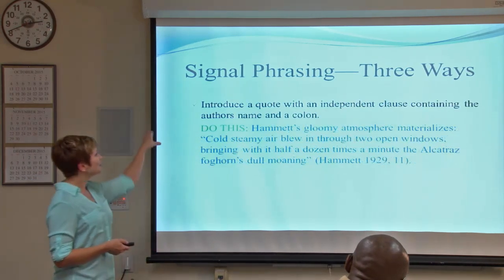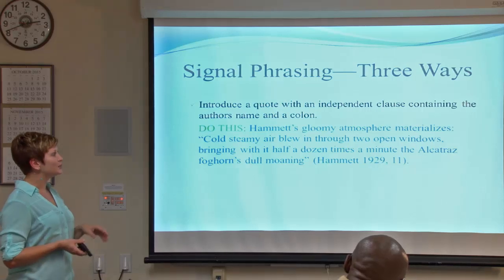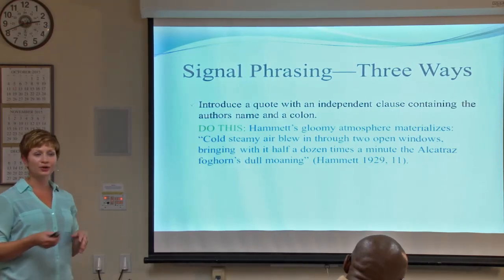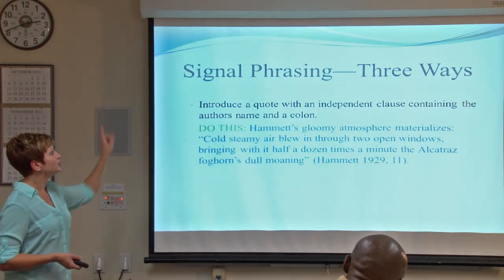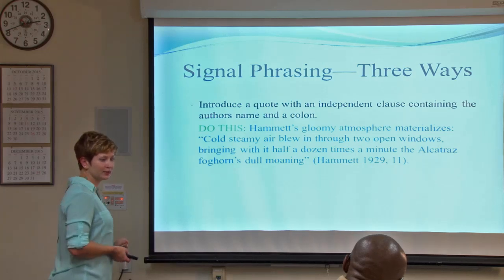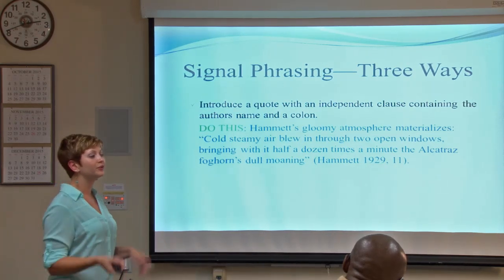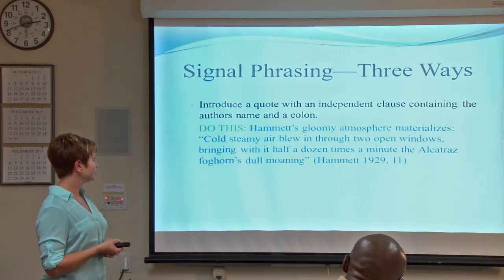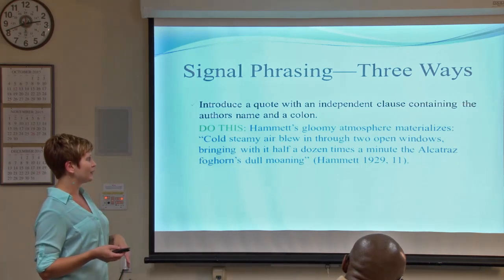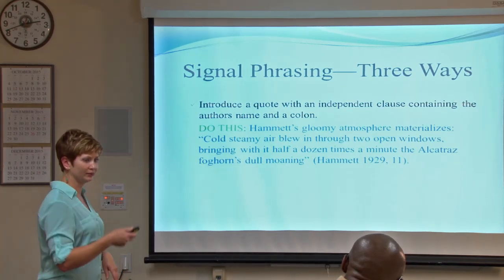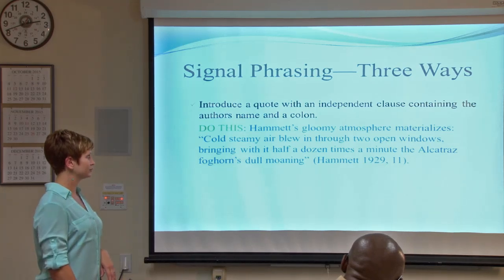Okay. The next one, introduce a quote with an independent clause containing the author's name and a colon. Note the independent clause. That means I'm making a full sentence and a colon before I introduce the quote. So this one, Hamlet's gloomy atmosphere materializes, colon, and there's my quote.